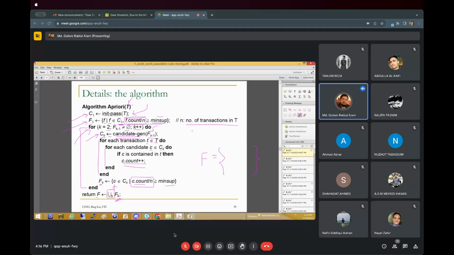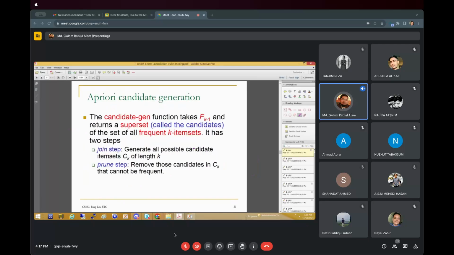But here is one method we didn't discuss, and that is our candidate generation. You can see the candidate generation function. Apriori candidate generation actually has two steps. One is called the join step and another one is the prune step.